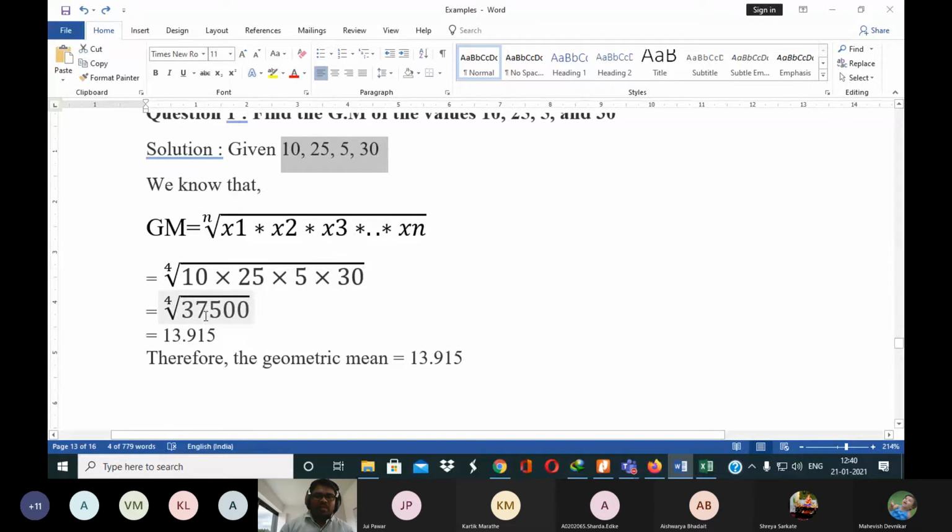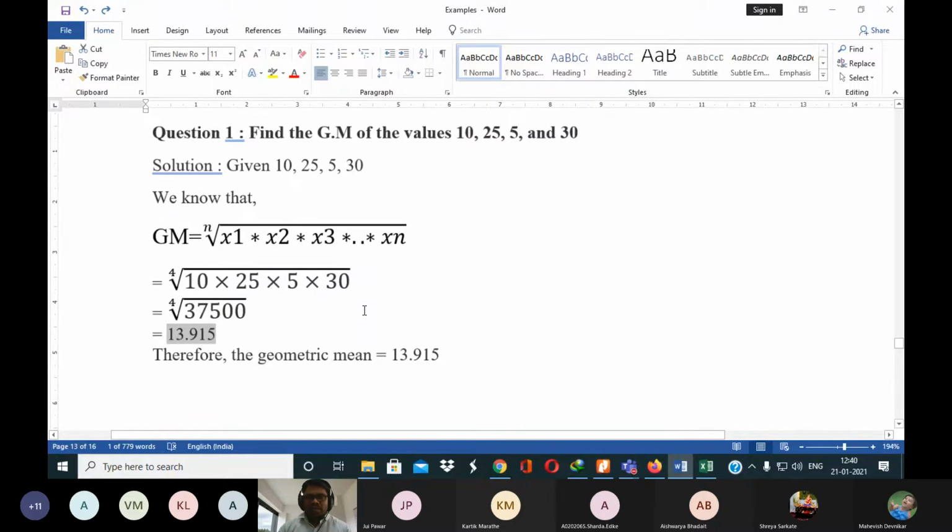The product of all these items will be 37500. So we have to find out the fourth root of this value, and it will be 13.9154. In this way we can calculate the geometric mean.